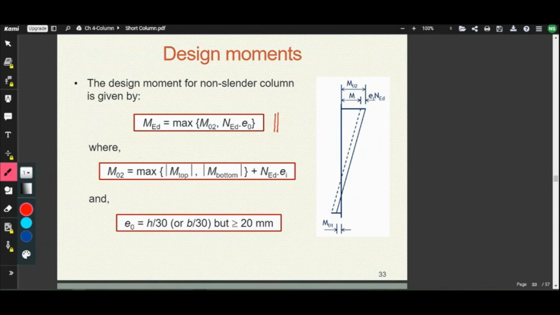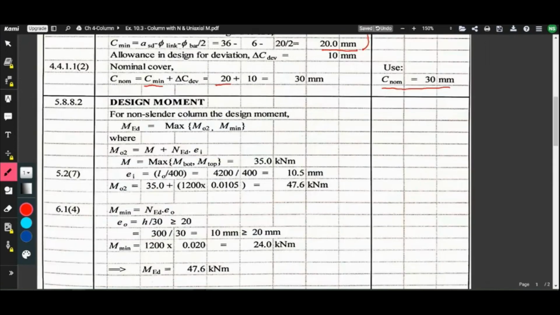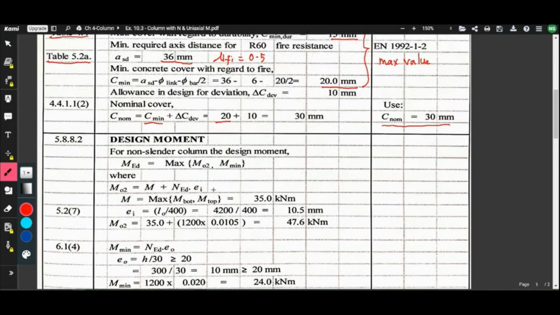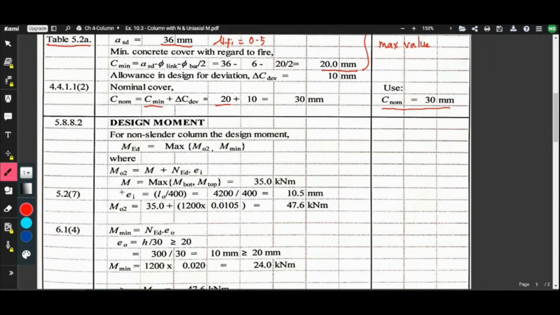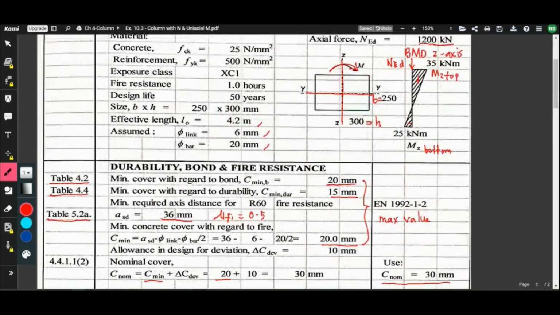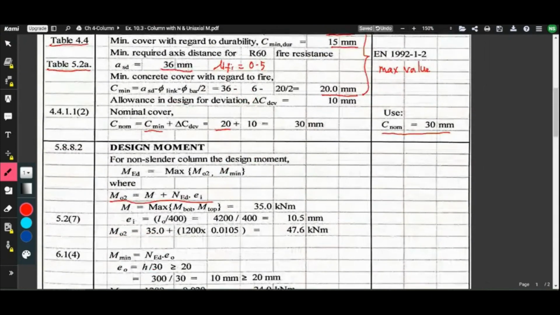So we have moment at top, let's look here. M02 is this: M plus NEd times ei, the moment of imperfection. M top and bottom are 35 and 25, so the maximum is 35.